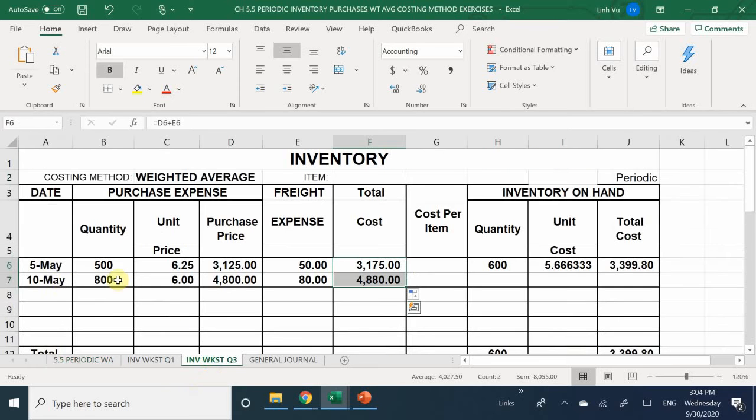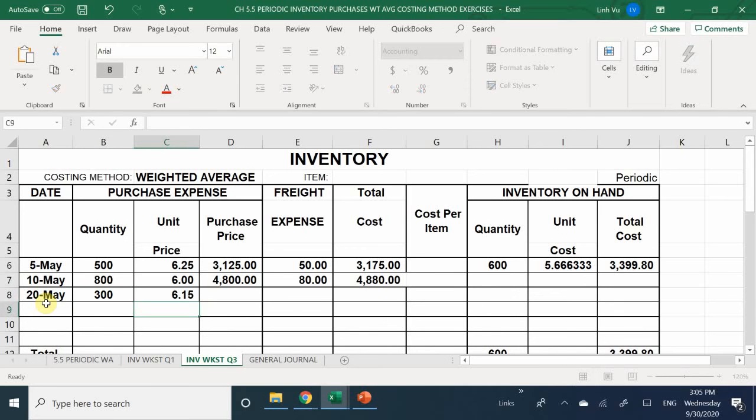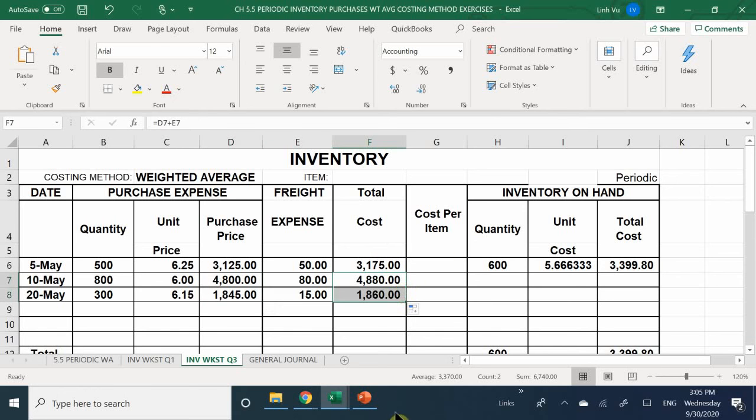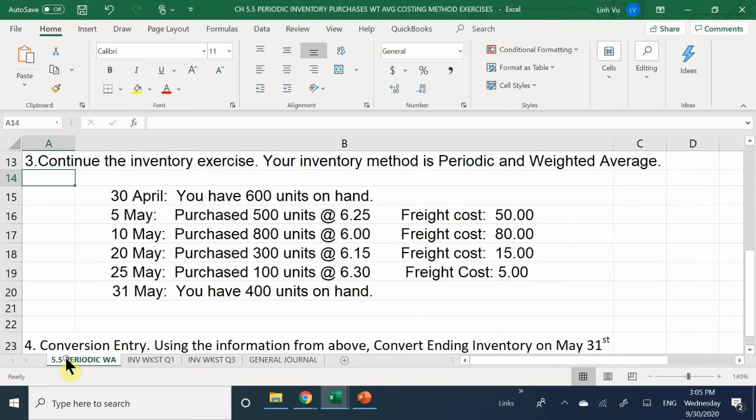So my total purchase price is going to be $1,845, and my total is $1,860. So that's 300 at $6.15.